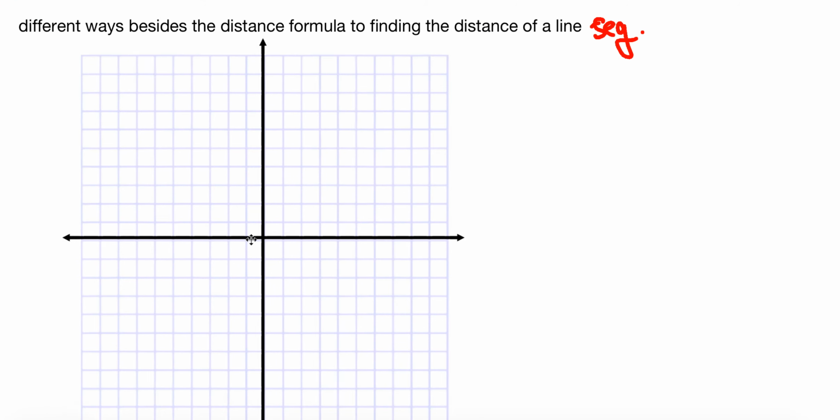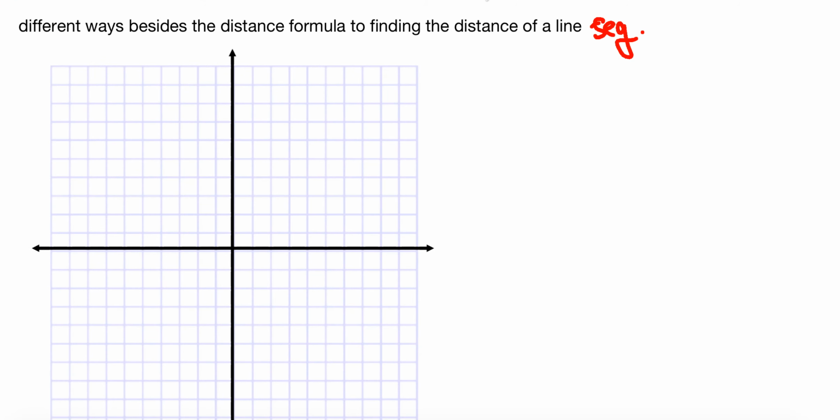So if I were to just pick any 2 points here, randomly picked 2 points, I'm trying to find that length. So let's call this one A and this one B. Point A is negative 5, negative 1.